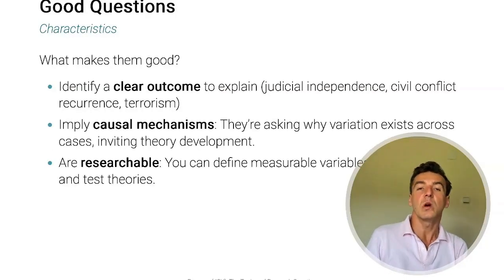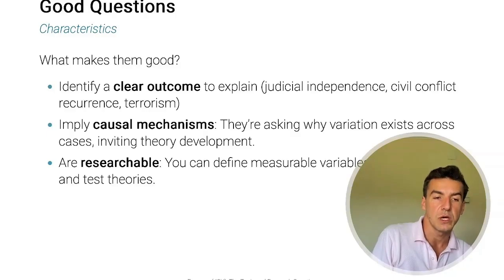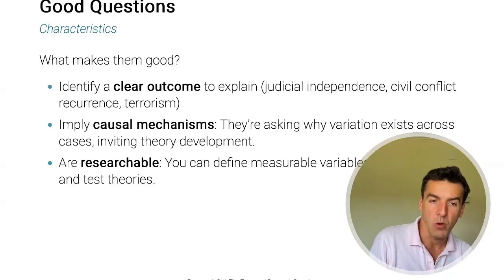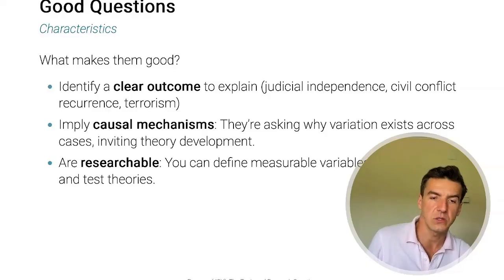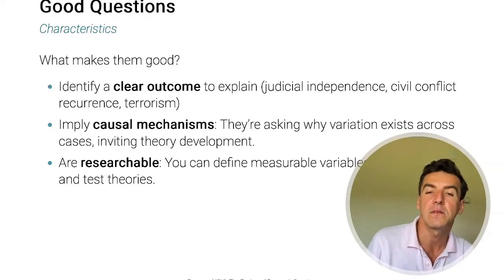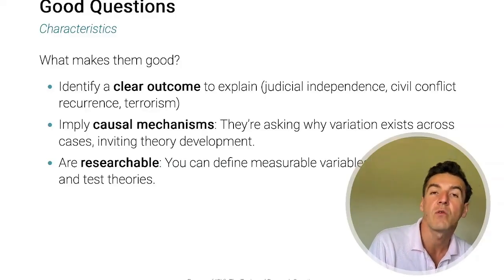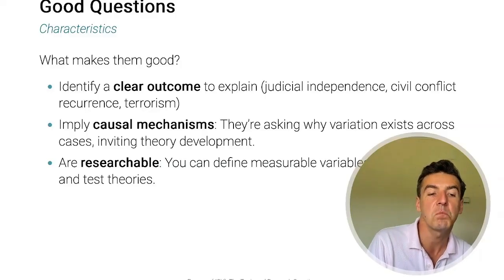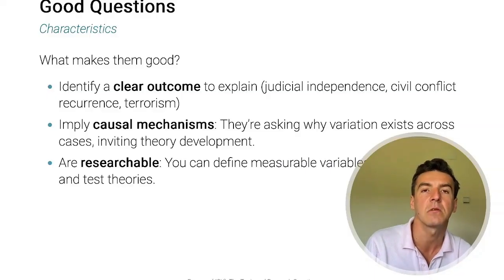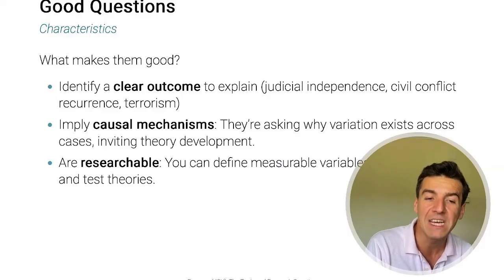Okay, so what makes them good questions? First of all, they identify a clear outcome. In one case, you have judicial independence. In the second case, you have civil conflict. In the third case, you have terrorism. The second reason why these are good questions is that they imply a causal mechanism, or they motivate an exploration of causal mechanisms.